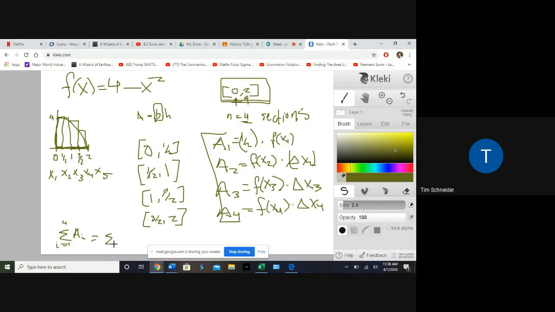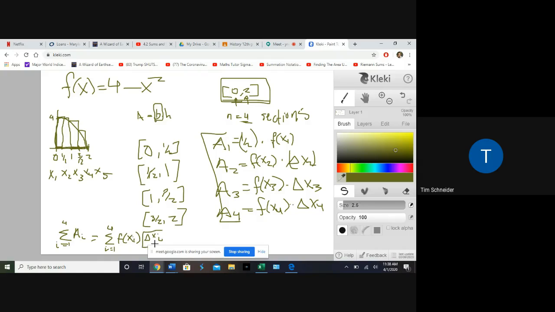So that would be, because we now have something relating the area to the index, the sum from i equals 1 to 4 of f of x sub i times delta x sub i.